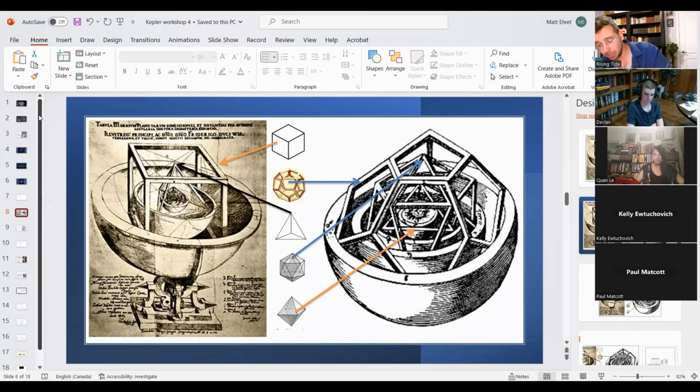that put forth this incredible hypothesis of both the musicality of the harmony of the spheres, right? The musicality of the spheres, but also the relationships of the 5 regular Platonic solids, of which Kepler discovered the dodecahedron, as far as I'm aware.